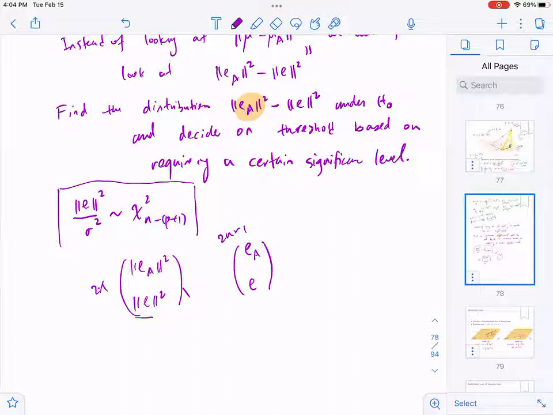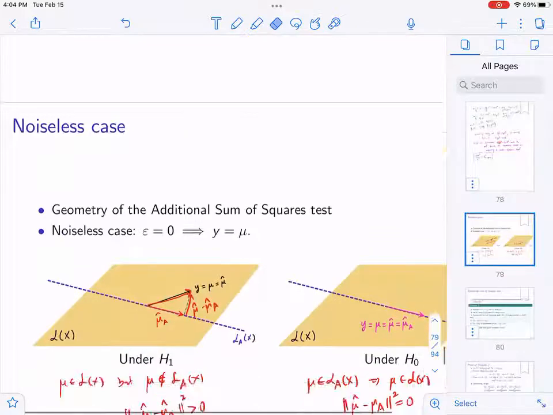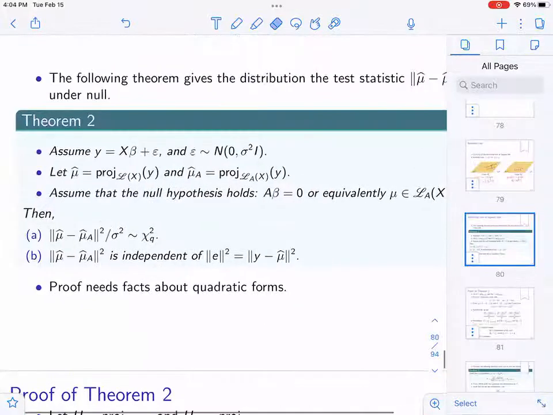So it's not that obvious. We're going to determine the distribution of this, and it turns out that in this particular case, under the Gaussian assumption, it has a very nice distribution. I just wanted to point out that this is not a trivial task.